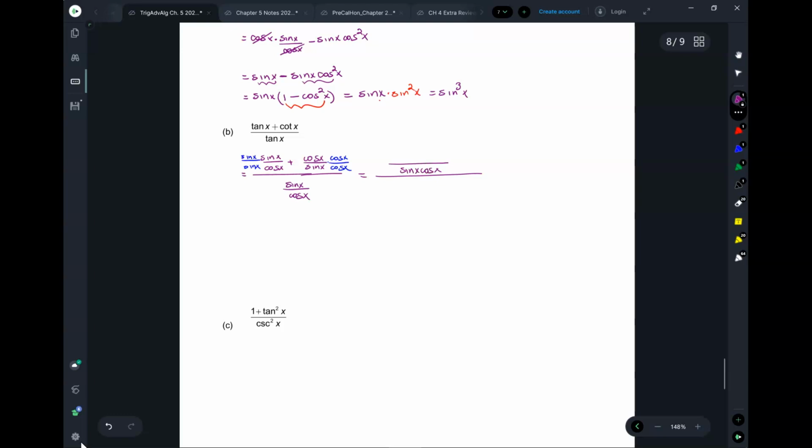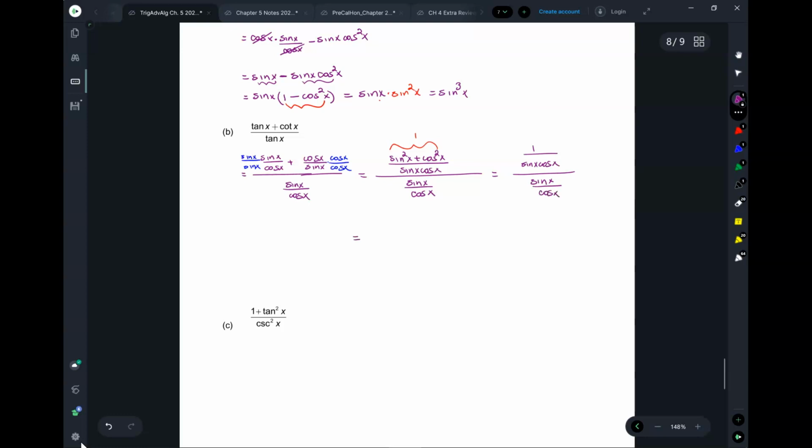Okay, what do I have in the numerator? I have sine squared x plus cosine squared x over sine x cosine x, all over sine x over cosine x. Okay, from the box, this is equal to 1. So now I have 1 over sine x cosine x over sine x over cosine x.